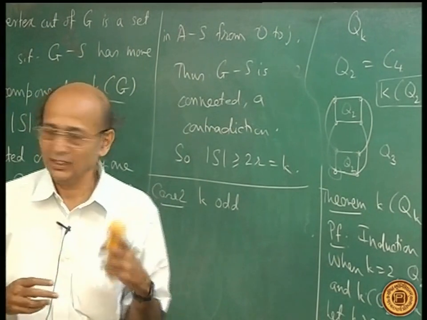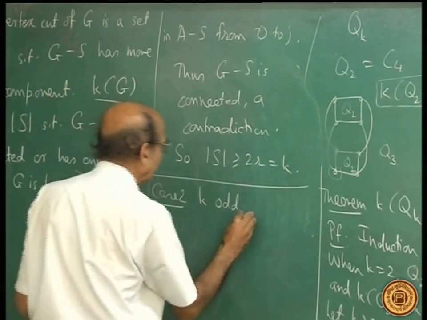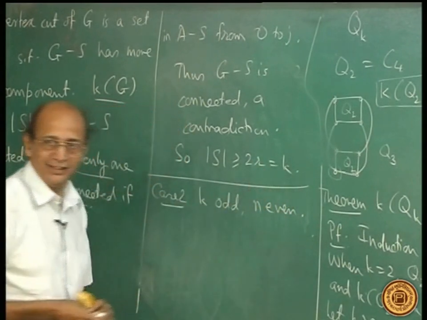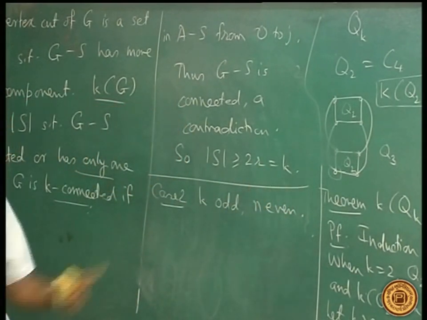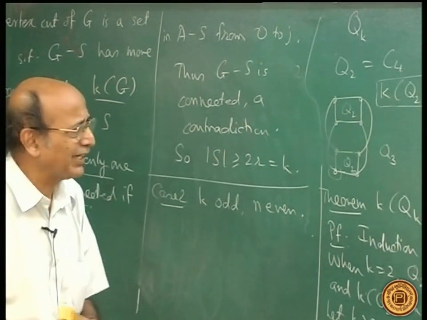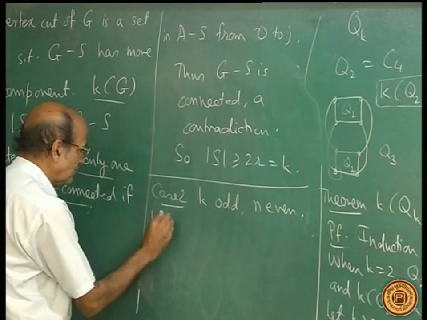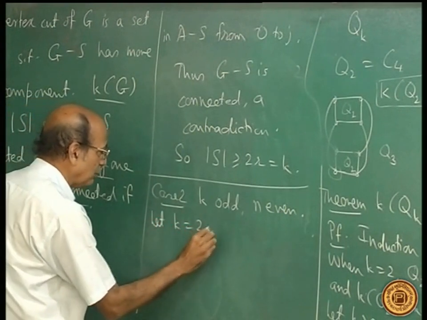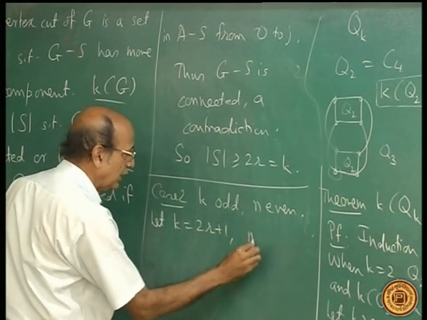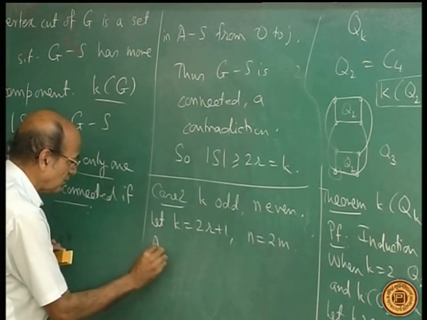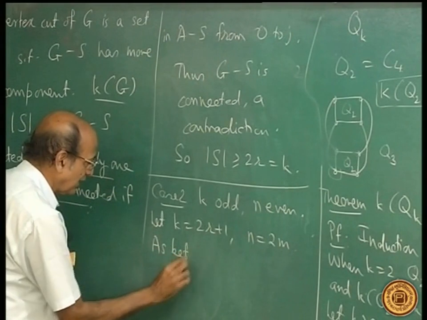That is not possible. So if k is odd, n must be even. Now you essentially do the same thing as we did there. Let k be equal to 2r plus 1, n be equal to 2m, as before, as in case 1.